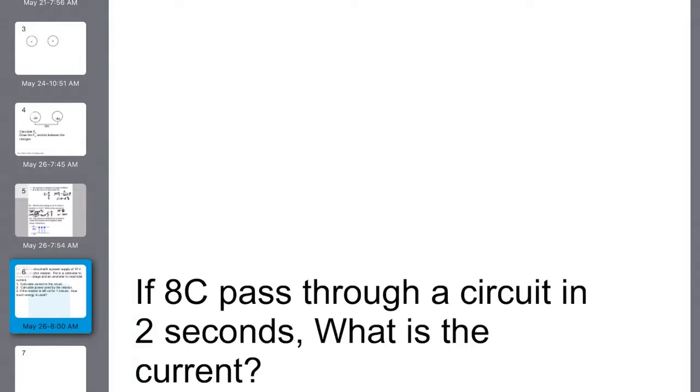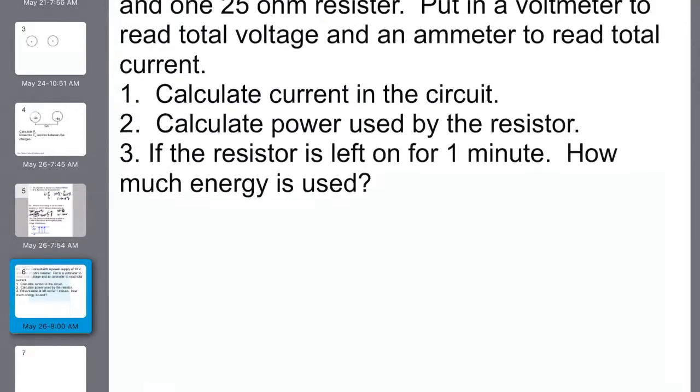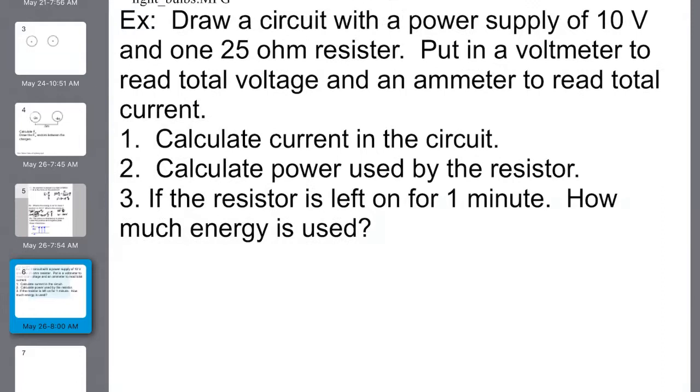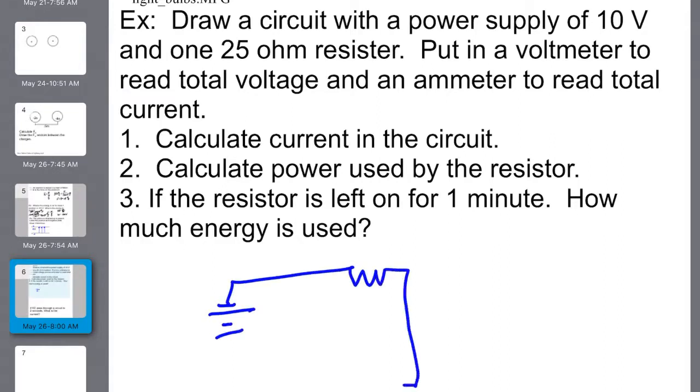All right, our next problem is going to be a circuit. We're going to draw a circuit with a power supply of 10 volts and one 25 ohm resistor. I'm going to put in a voltmeter and an ammeter. So power supply. Then we're going to have our resistor, put our ammeter in. Remember, ammeters have to be in the circuit to read.